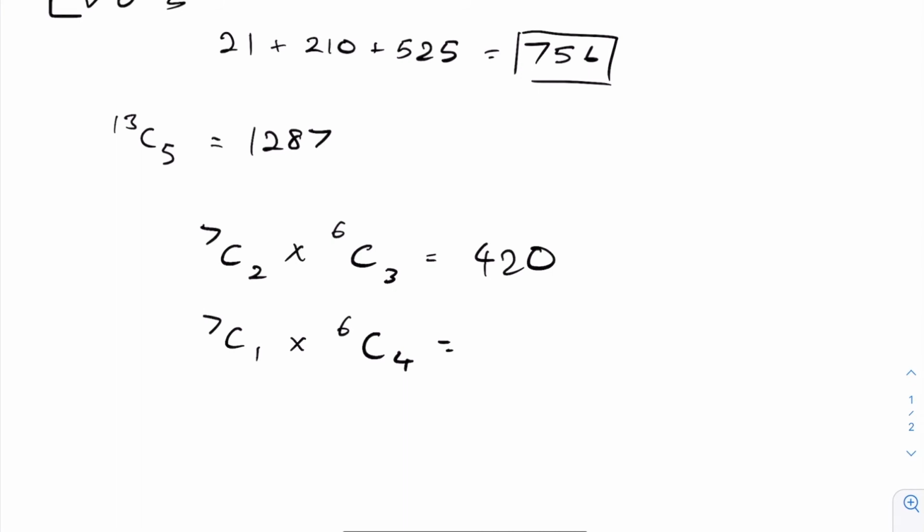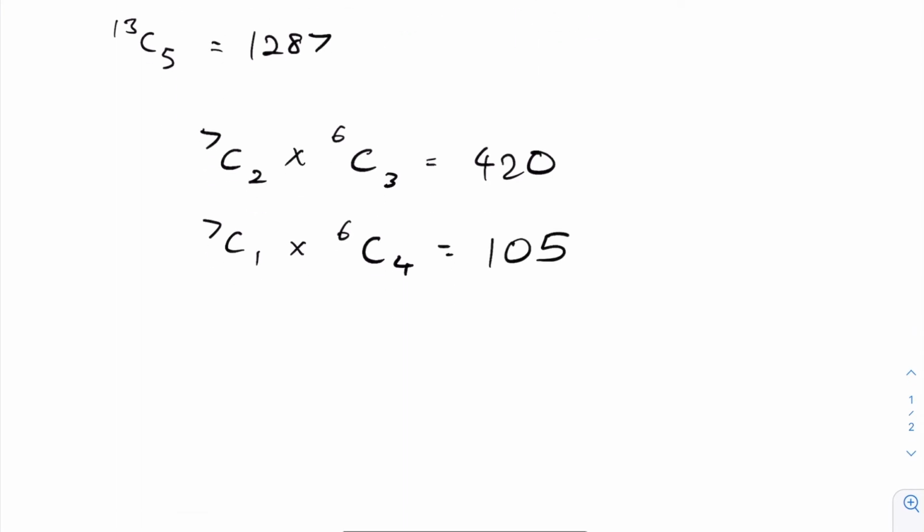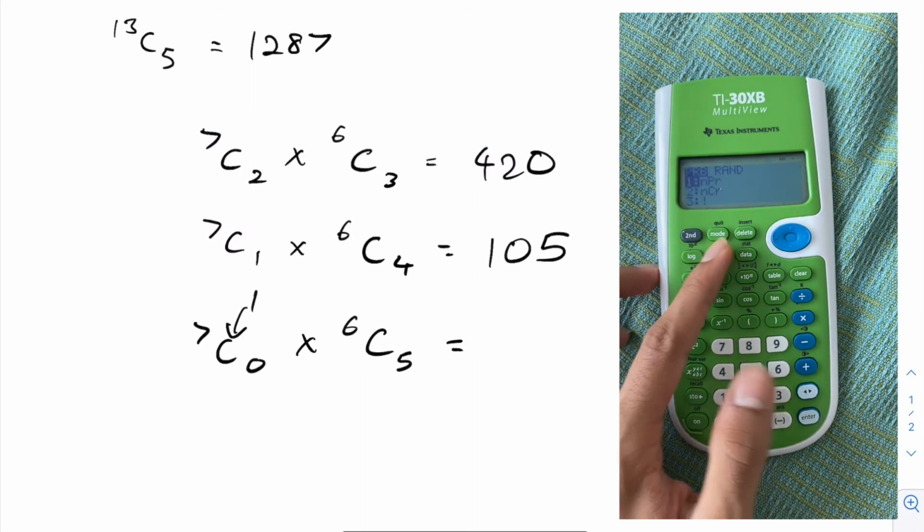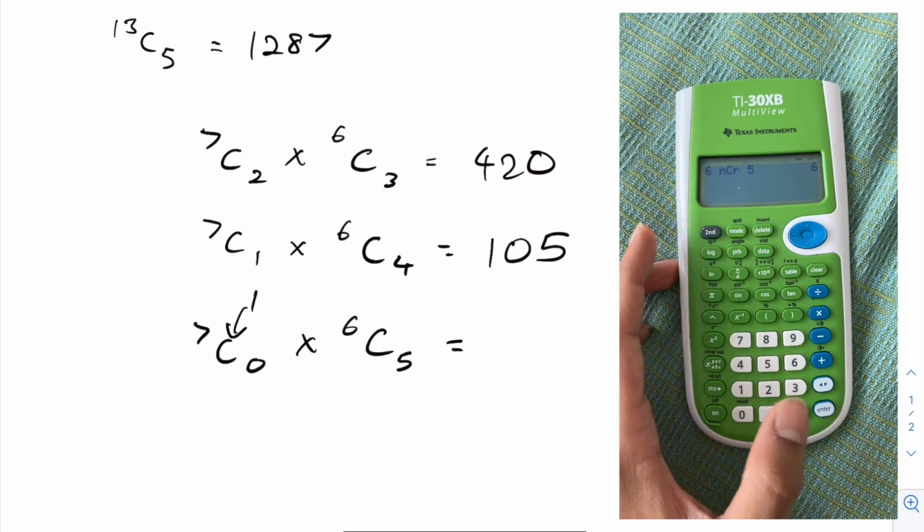So, in this instance, it's 105. And let's do it for the last example where there's 7C0, there's 0 men in total, times 6C5, which is the same as 6C5 because this is essentially just 1. So that's equal to, let's just do 6C5 real quick. 6C5. That gives us 6.